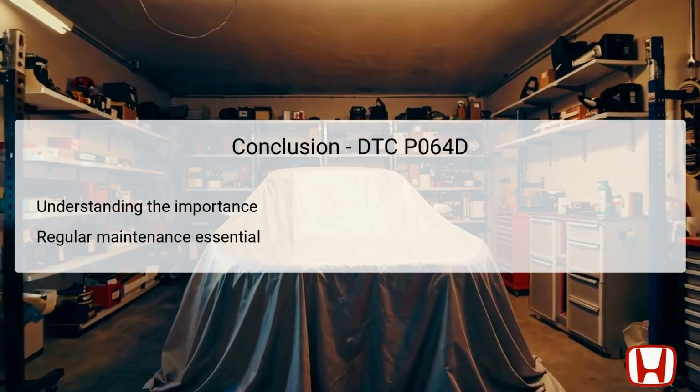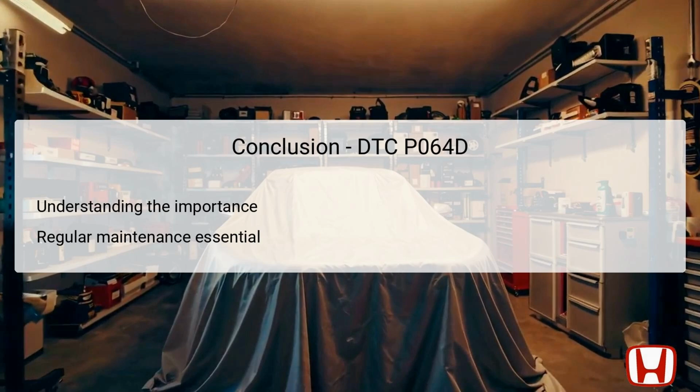In conclusion, understanding and resolving DTC P064D is crucial for maintaining the performance and efficiency of the Honda Accord 2023 Plus. The Powertrain Control Module and the air-fuel ratio sensor are intimately connected, and any failures or discrepancies in their operations can have considerable consequences for both vehicle performance and emissions.